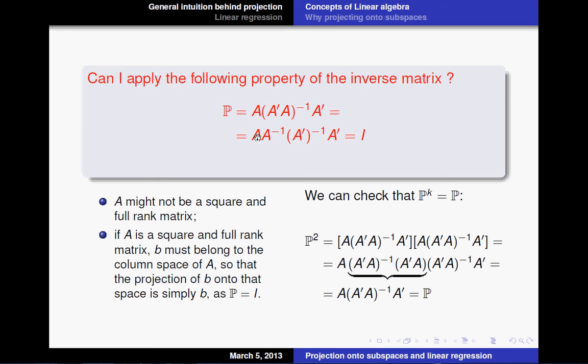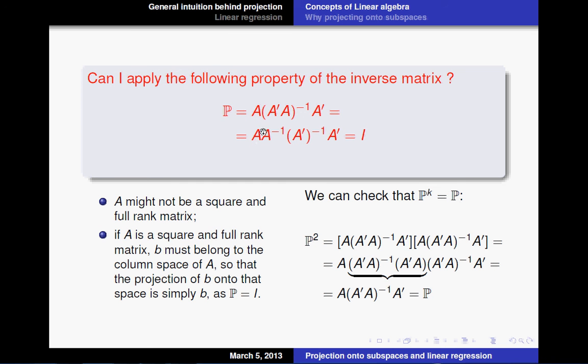But suppose A to be a square and full rank matrix. What do we obtain if A is a square and full rank matrix? We obtain that the column space of A will be R^n, the whole Euclidean space of dimension n.